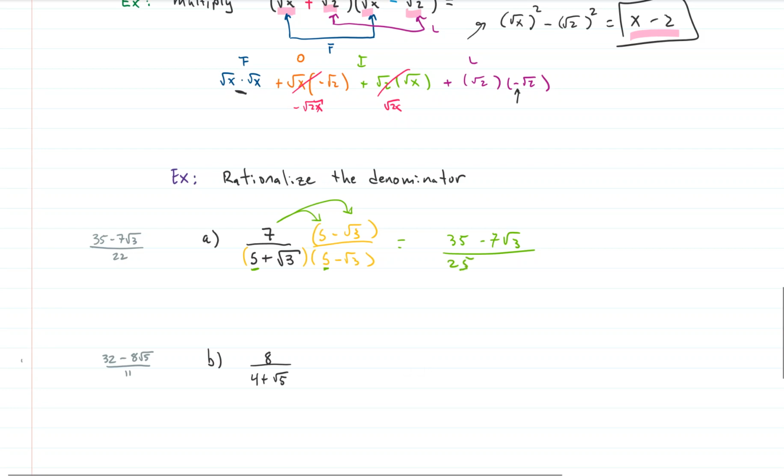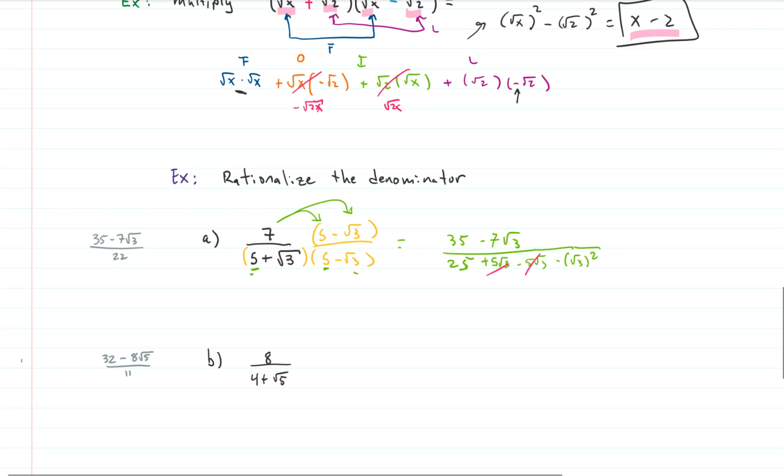We have root 3 and 5, which is 5 root 3. And then on the outside, we have the negative of that, negative 5 root 3. And then we have negative root 3 times root 3, which is negative root 3 squared.